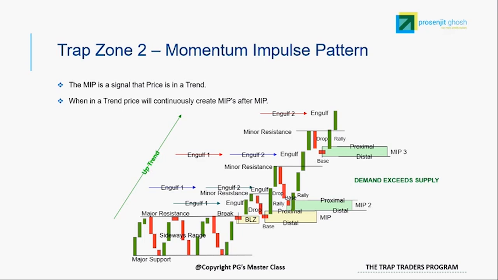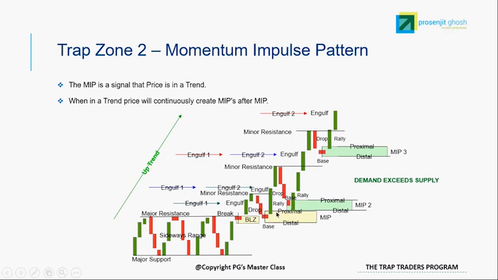Ravi says, can we put our entry at first engulf? You see, there are two trades that happen, Ravi. First trade, you would have taken at the break limit zone, right? Because you have taken a trade at the break limit zone, price will move up, you will get a big trade. You can book it here or you can hold it, right?